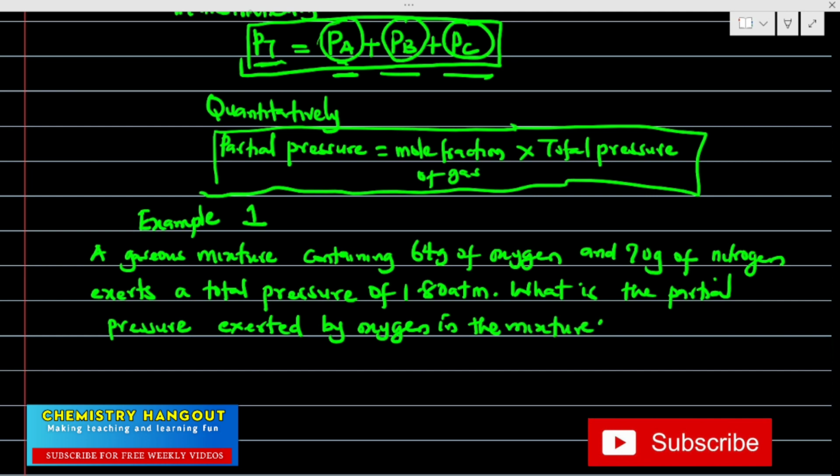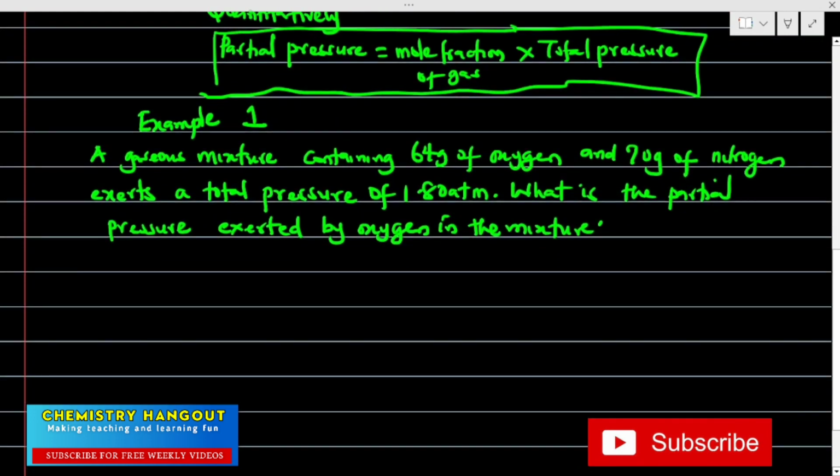Very wonderful question. So how do we go about this? A gaseous mixture containing 64 grams of oxygen and 70 grams of nitrogen exerts a total pressure of 1.80 atm. What is the partial pressure exerted by oxygen in the mixture? And they gave us the atomic weight. Oxygen is 16. This is a very common value that we are always given, and this is 14.